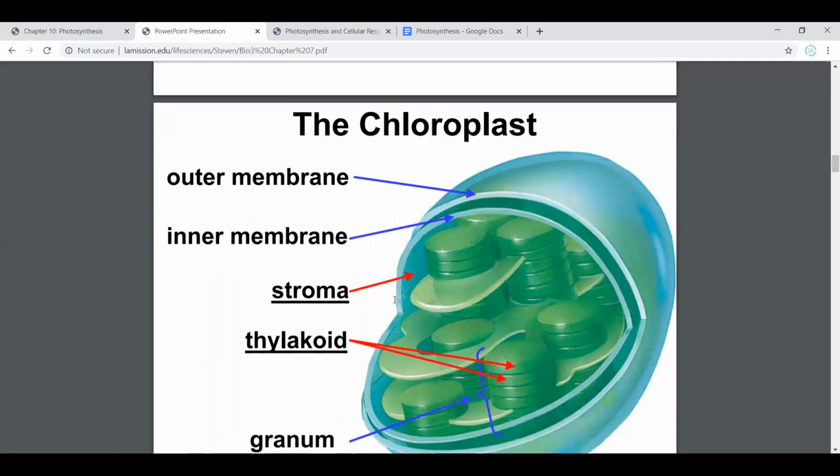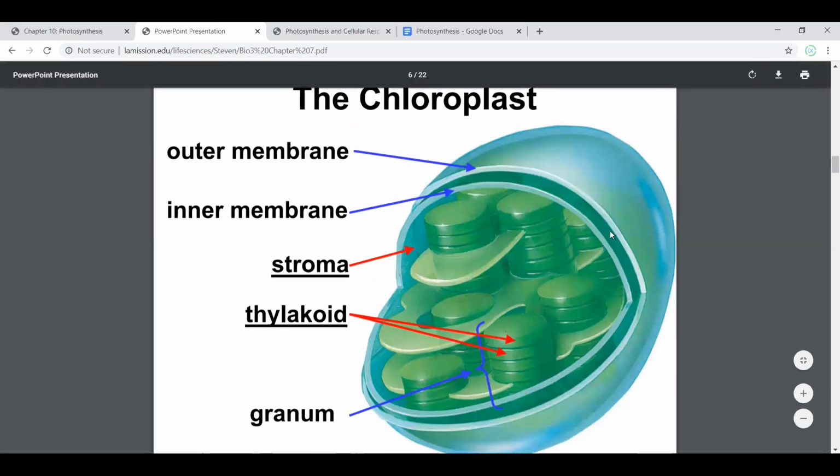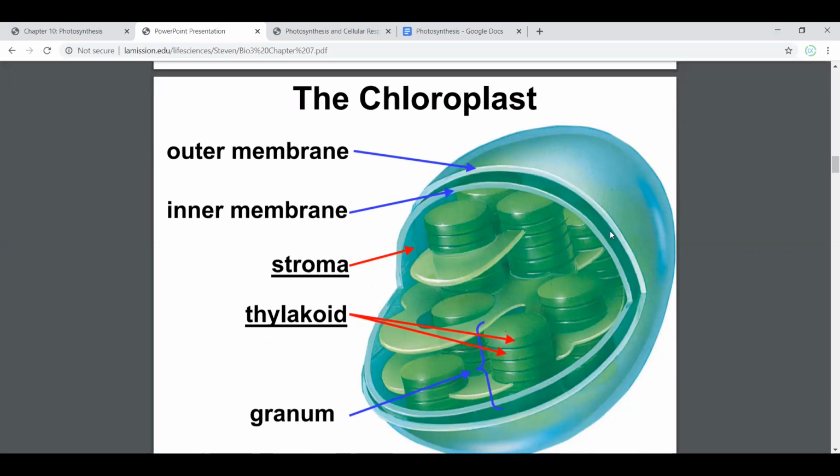So let's look at the chloroplast itself. Similar to the mitochondria, it has two membranes. You have the outer membrane right here, just an outer shell. Then you have the inner membrane. We don't really care about the space between the outer and inner membrane. It's not really important.